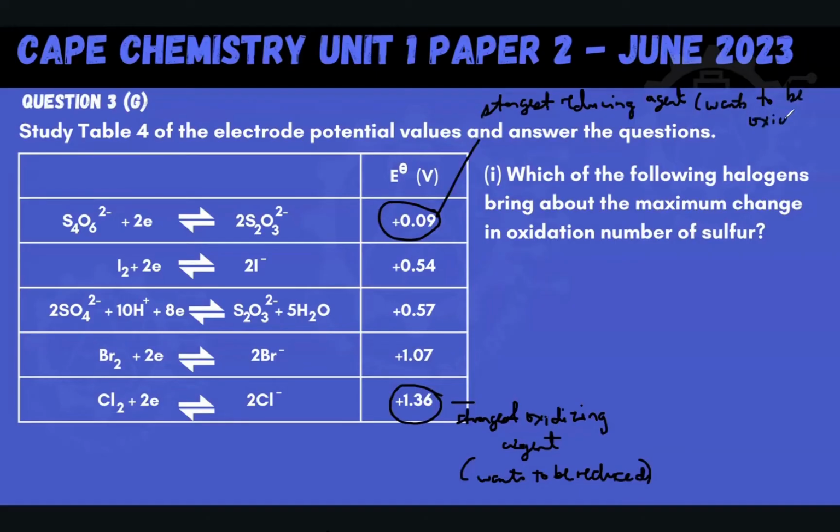And if it wants to be oxidized, guys, what that means is that it wants to lose its electrons. So it's really, really wanting to give away those electrons to something else. And so it would reduce something else. It would cause something else to gain those electrons, okay? So the key takeaway: the more negative the value is, the stronger the reducing agent, and the smallest value out of all of them will be the strongest reducing agent that wants to be oxidized.